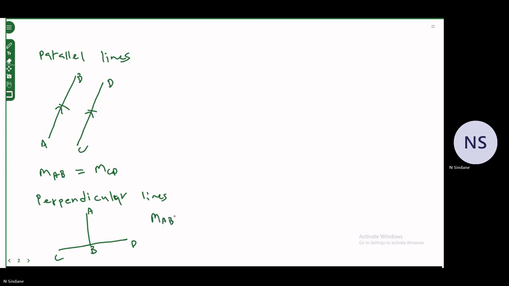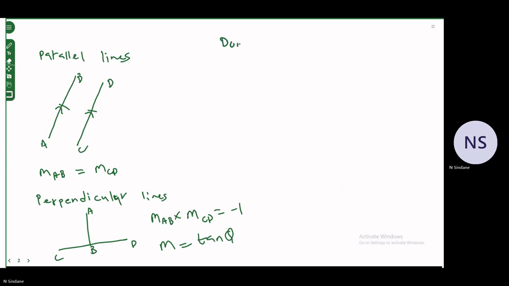So the gradient of AB multiplied by the gradient of CD should give me -1. And lastly, we know that the gradient of a straight line is equivalent to tan theta.